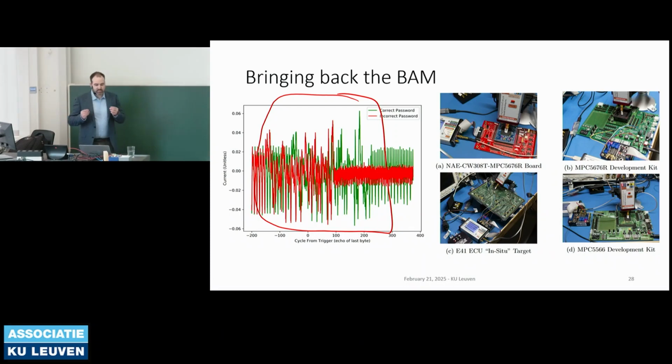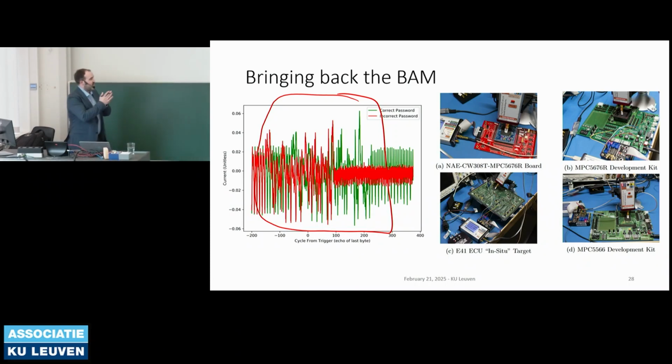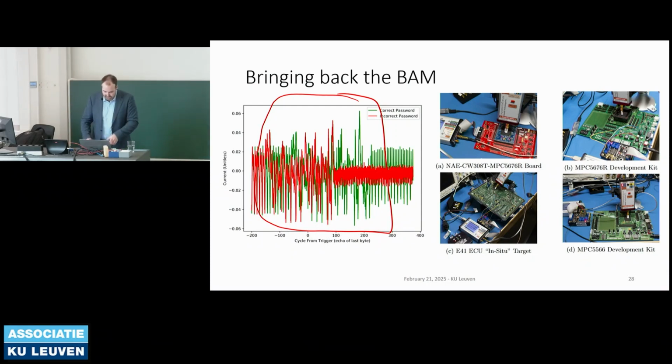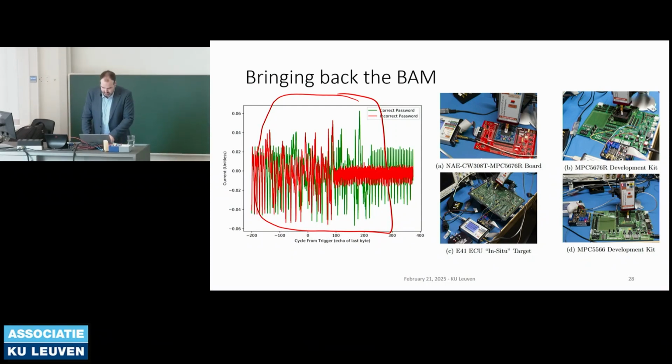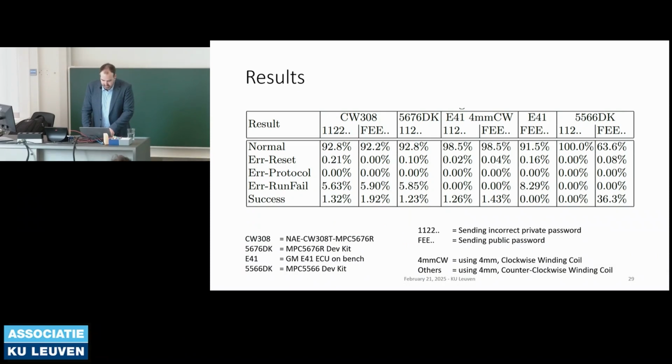Rather than using power analysis, I wanted to use fault injection to bypass the password. I want the device to go try and check what the password is, and at the last instance in time, take the incorrect code path, as if my password was correct. This was from this work on automotive ECUs.